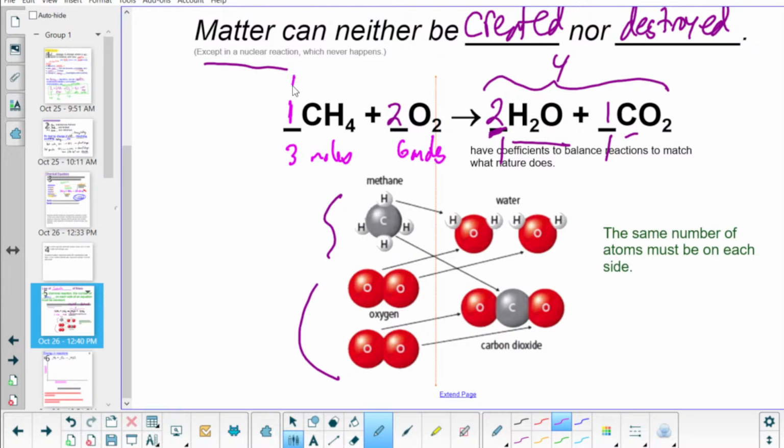Because for every 1 of these, we need 2 of those. For every 3 of those, we need 6 of those. And now we can find how much water will I make? 6 moles. And how much CO2 will come off? 3 moles.